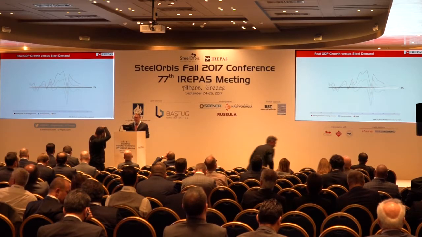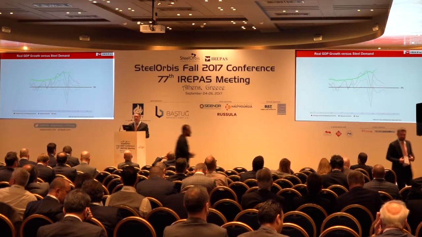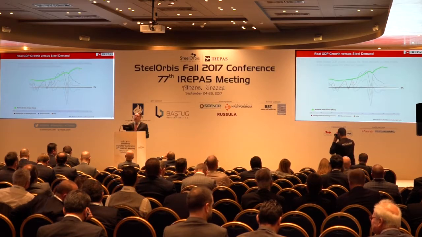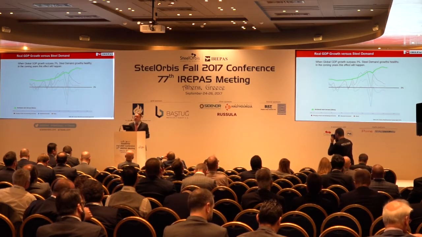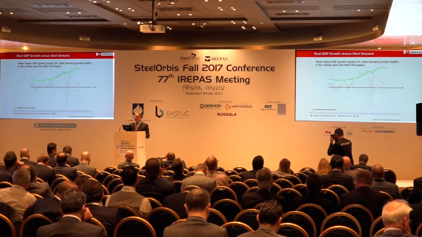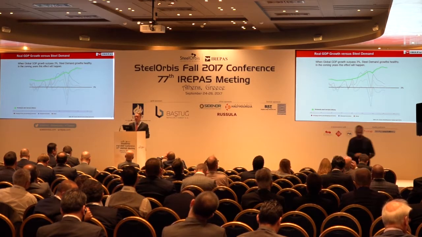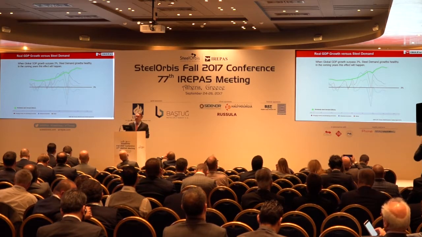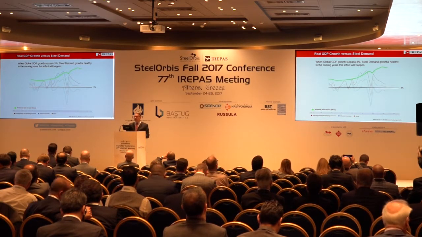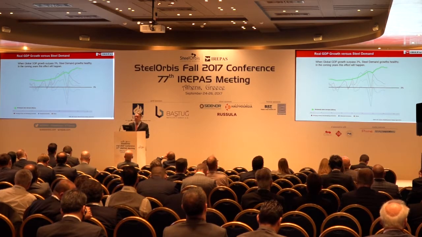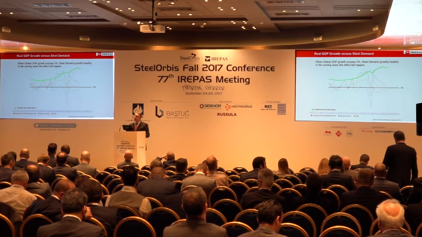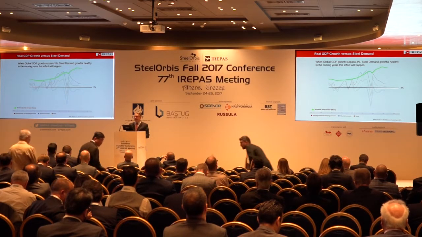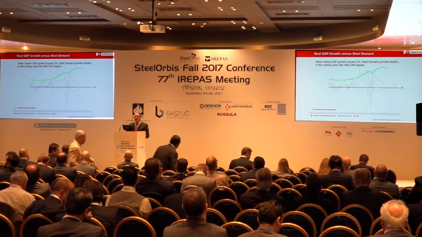So if we overlay on this graph the apparent steel demand during the last 30 years, you can realize that there is a kind of correlation between steel demand and worldwide GDP growth. In the period from 1980-something to 2002, GDP growth in the world was around 3%, and therefore the steel demand slightly increased during this period.